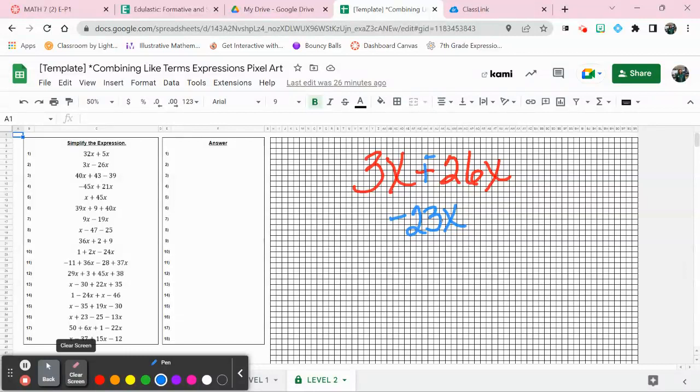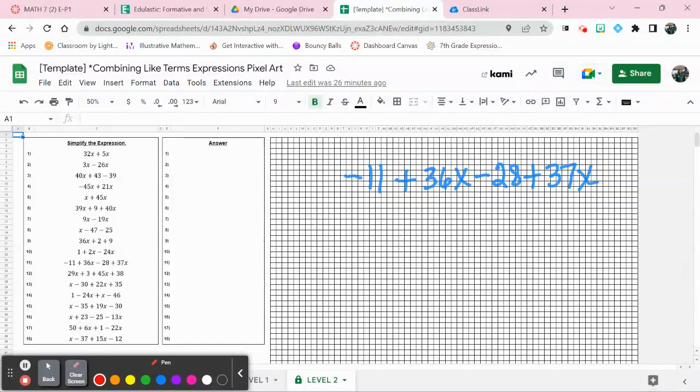All right, clear that screen. Let's look at another one we've got down here. How about number 11? Negative 11 plus 36x minus 28 plus 37x. We're going to change our subtraction.